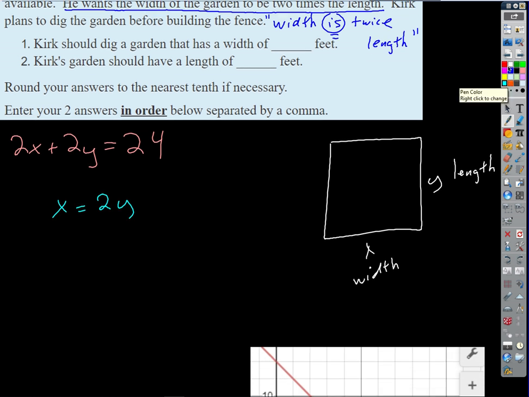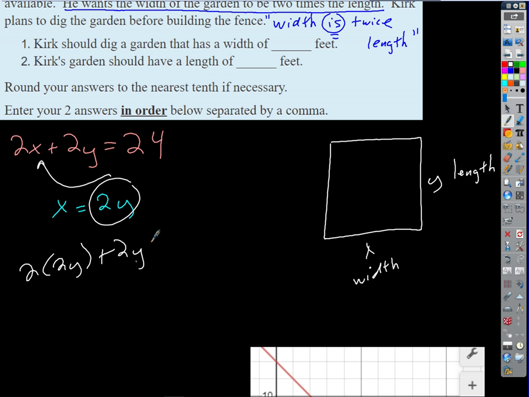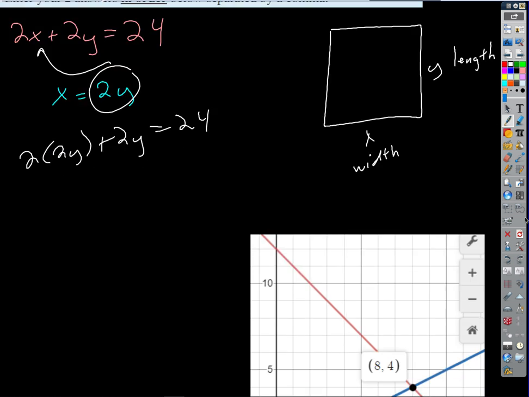If I plug this x in right there, I'm going to get 2 times 2y plus 2y equals 24. So what is that? 4y plus 2y is 6y equals 24, so y equals 4.